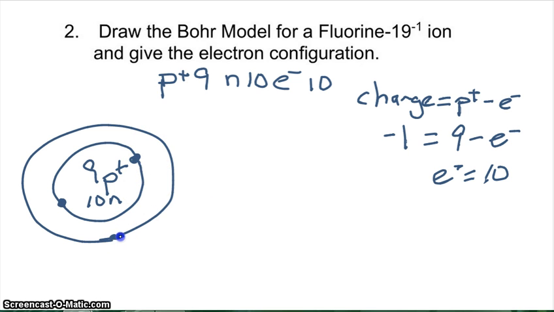We're going to fill this in with 8 electrons. Which means the electron configuration for our ion of fluorine, and in this case we're dealing with an ion, which makes things a little bit trickier because we can't take it directly from the table, is going to be 2, 8.